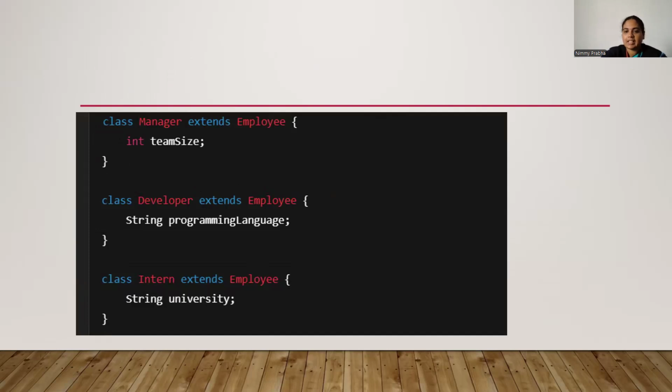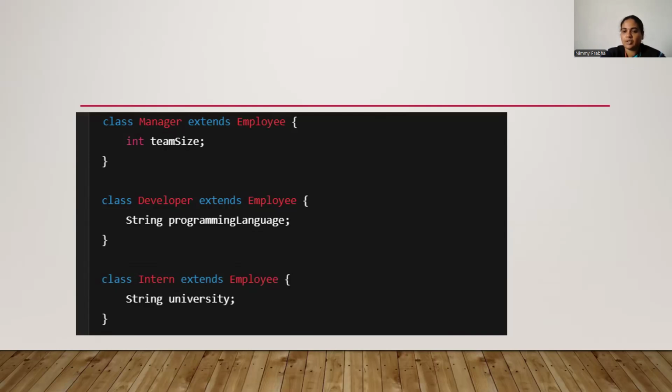See, three classes are here: manager, developer, and intern. All three classes derive some properties from the class Employee. For deriving properties from the Employee class, we use the keyword extends.